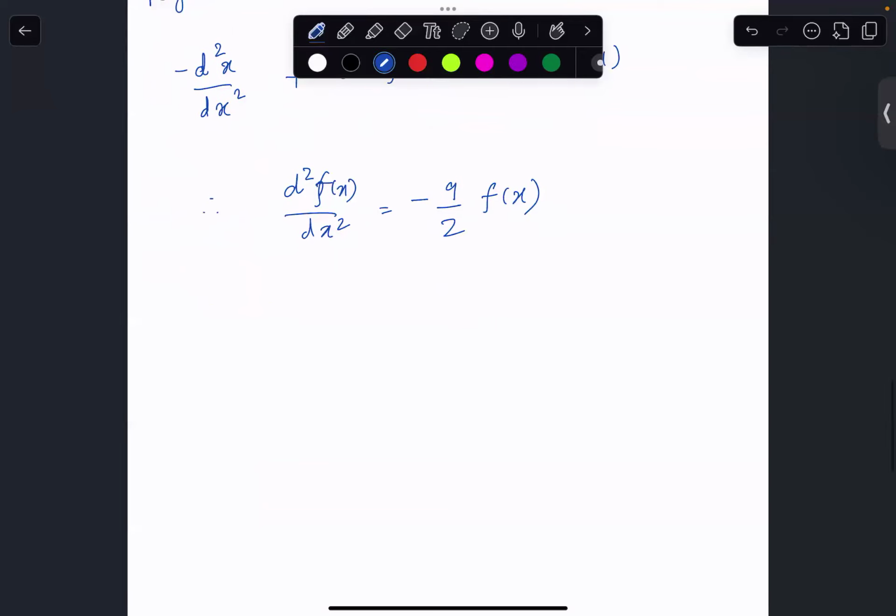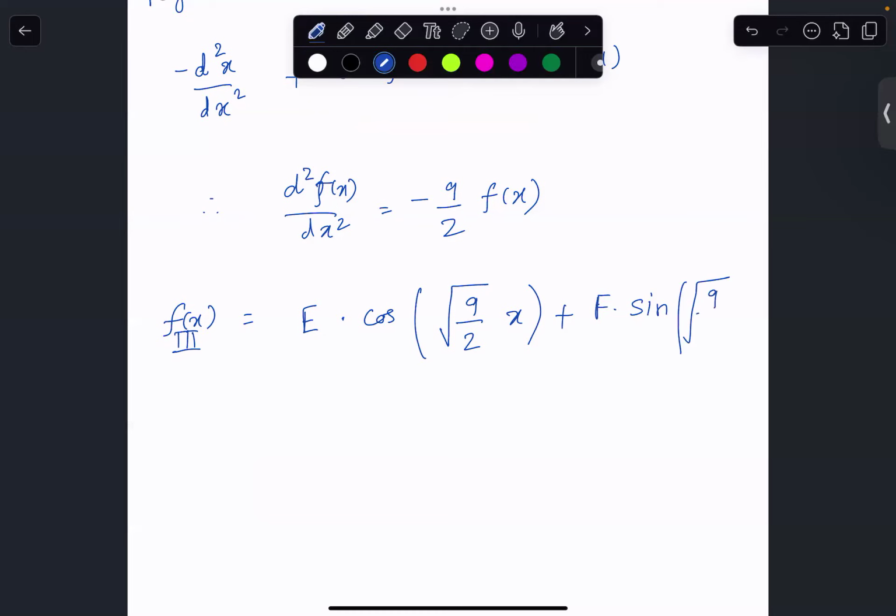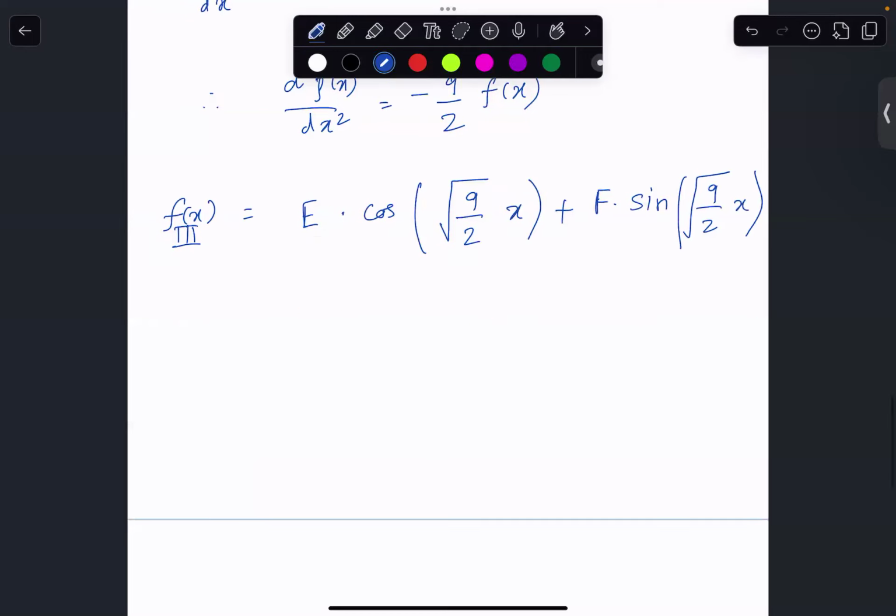Now, the standard solution for this kind of equation in region 3 can be written as e times cos of square root of 9 upon 2 x plus f times sine of square root of 9 upon 2 x. We can simplify this, since the square root of 9 is 3, as e cos of 3 upon square root of 2 of x plus f sine of 3 upon square root of 2 of x.